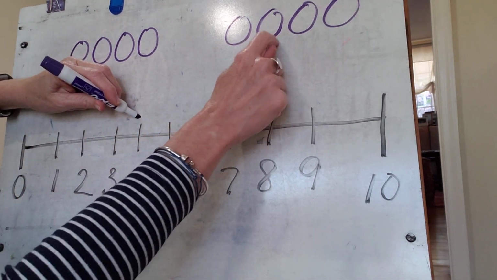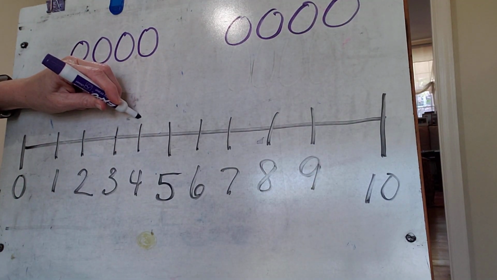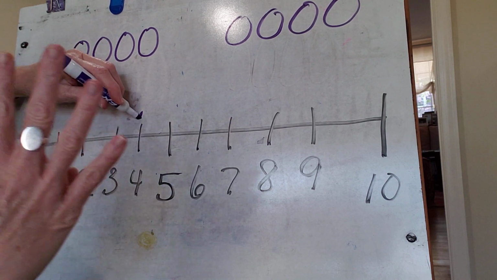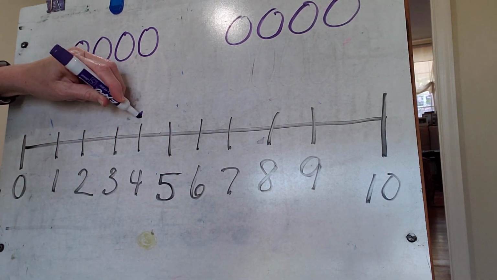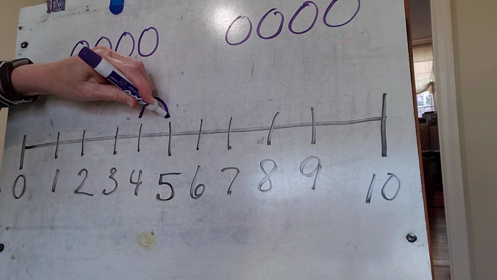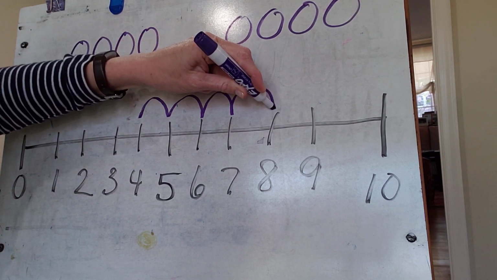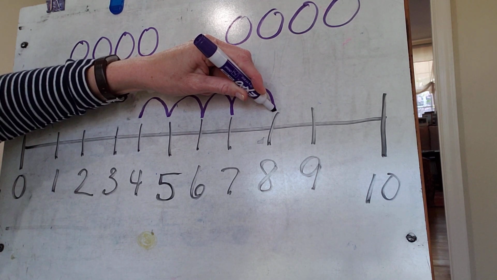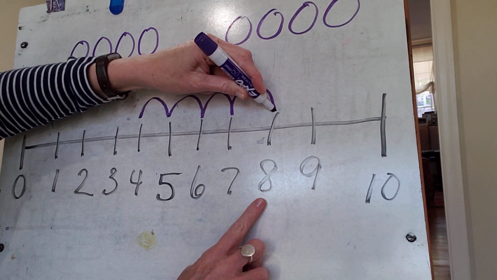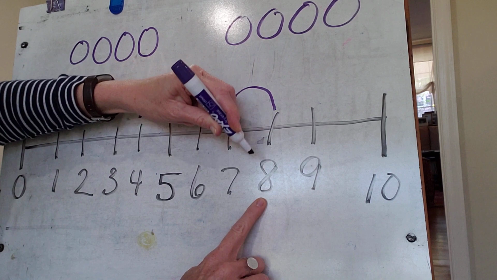Now my friend has 4 cookies. So I'm going to make 4 hops for those 4 cookies. 1 cookie, 2 cookie, 3 cookie, 4 cookies. Okay? What number did I land on? I landed on the 8.